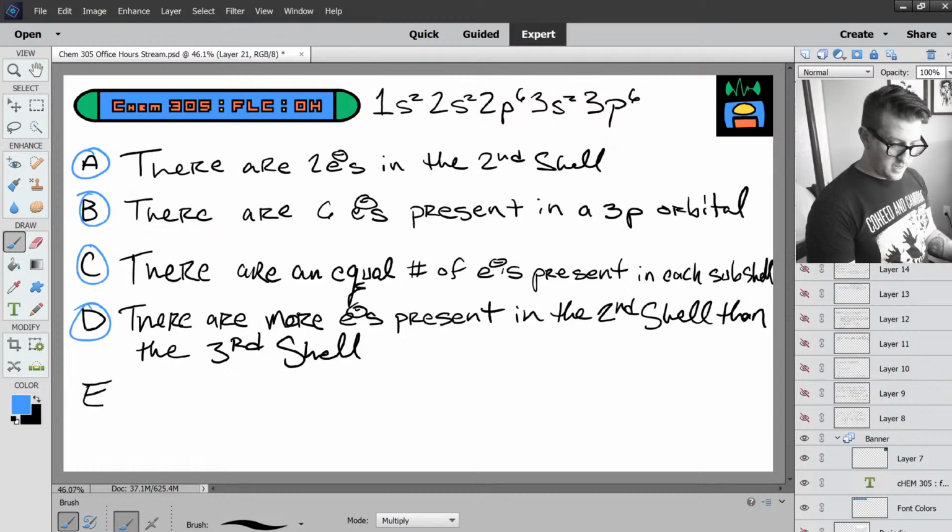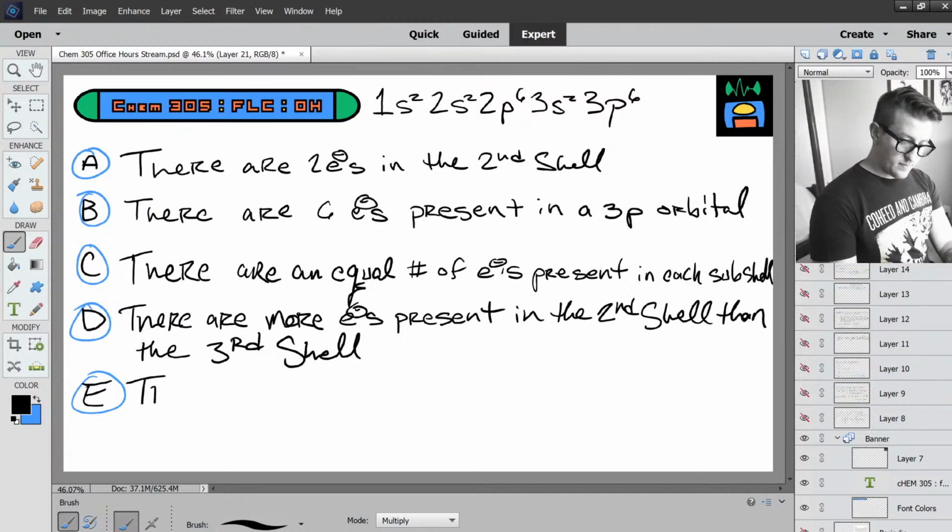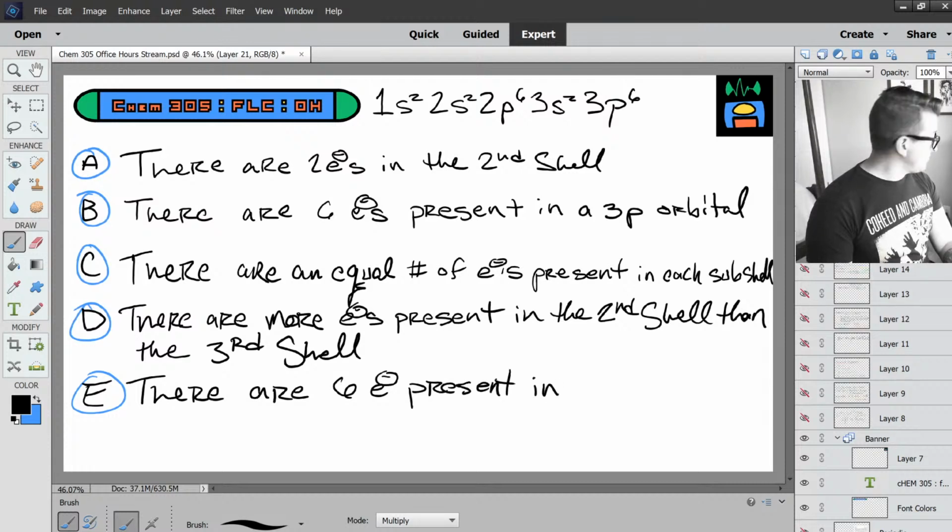And then E, final option. There are 6 electrons present in a 3p subshell.